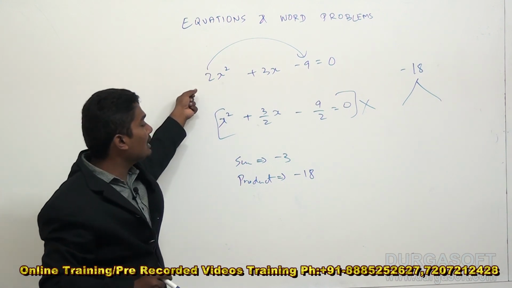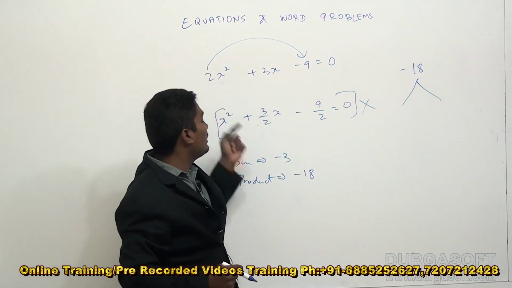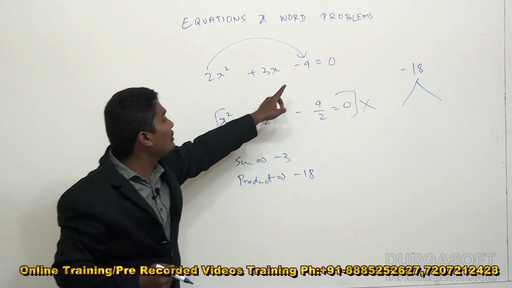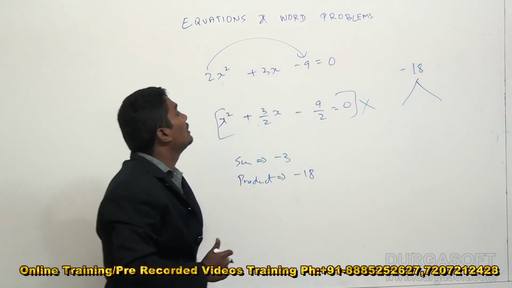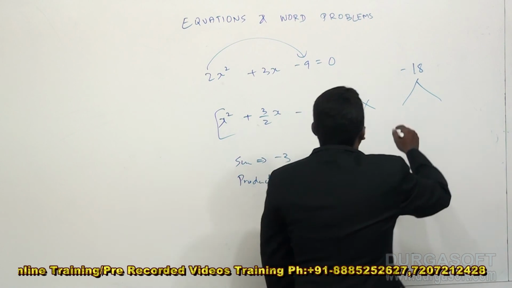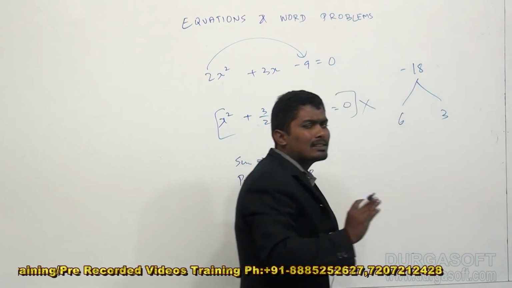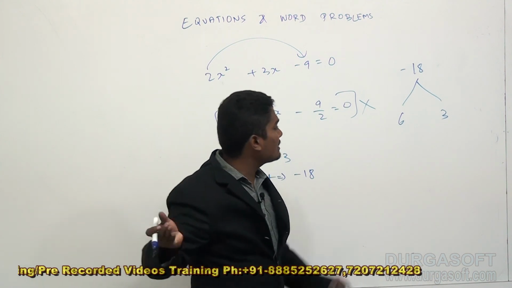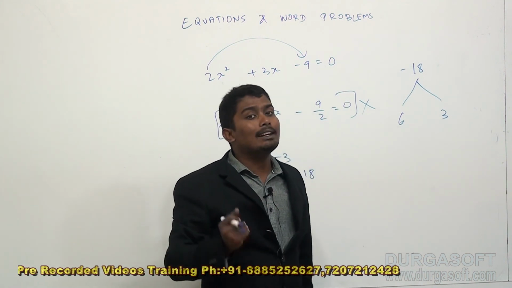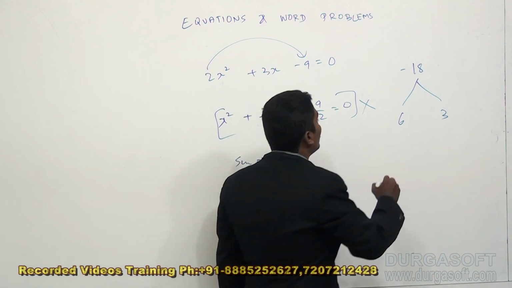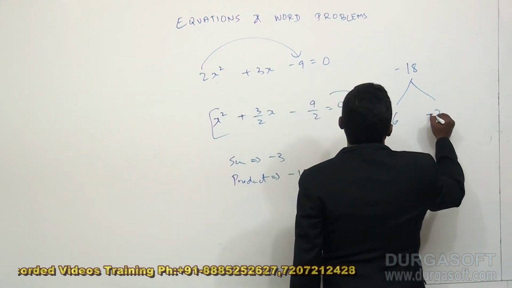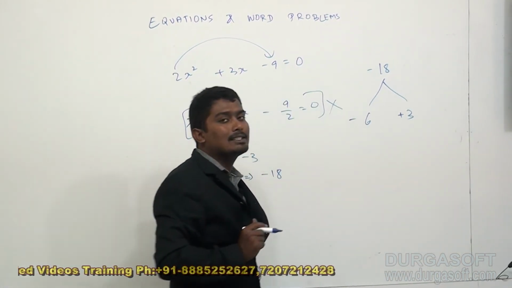As it has a coefficient, I will consider the product as 9 2s are 18, which is minus 18 here, including the sign given. Minus 18 I can write as a product of two numbers, 6 into 3. I know that the sum should be minus 3, which means the larger number should be negative. So the two numbers should be minus 6 and plus 3.